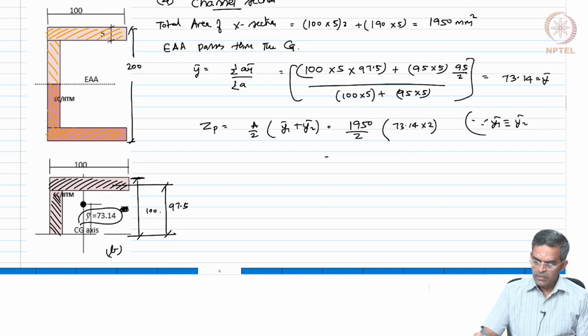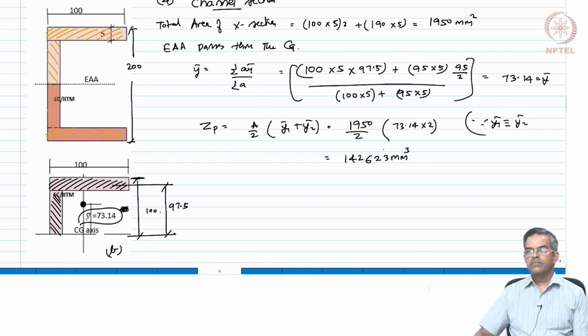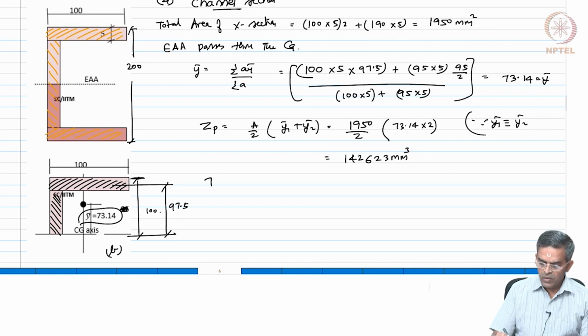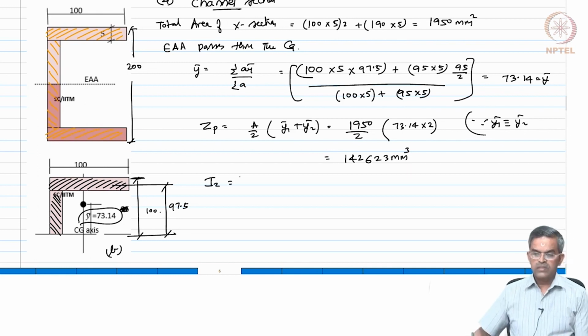So, if you do that, I will get this value as 142,623 mm³. Let us try to find out the Iz value of this channel section. We can use parallel axis theorem.